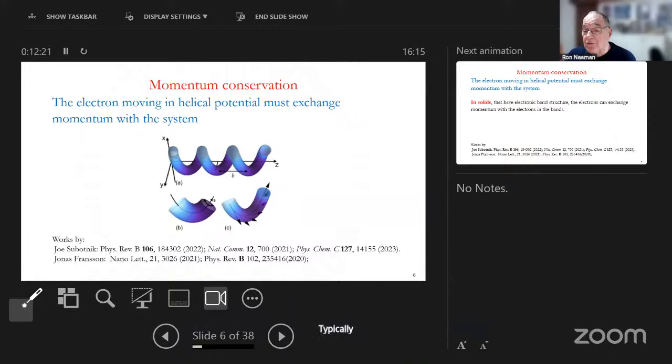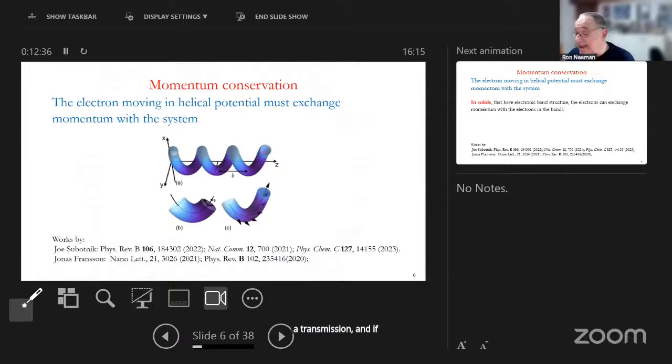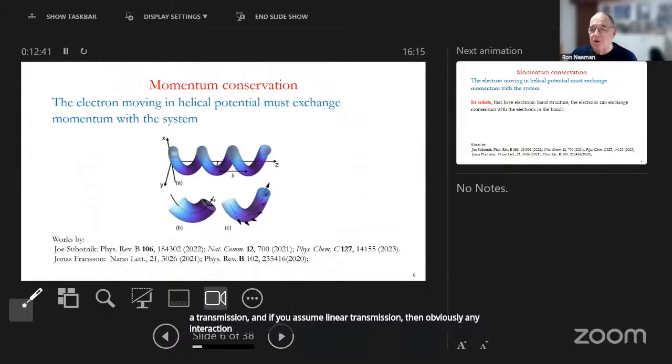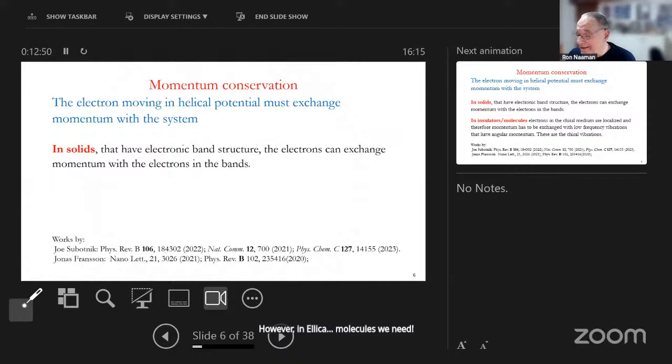Typically, when we speak about conduction through molecules, we speak about an electron going in a straight line. Even if the molecule is not linear, people assume linear transmission. And if you assume linear transmission, then obviously any interaction of the electron with the environment will destroy the transmission. However, in helical molecules, we need the interaction with the environment, with the molecule.